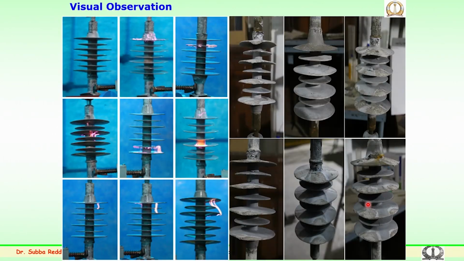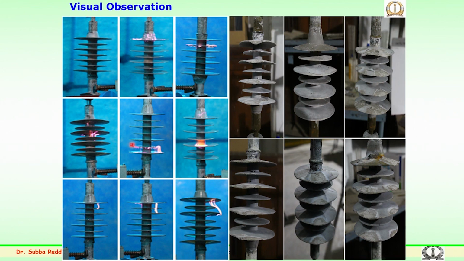So, experimental studies have been conducted over a period of time on several types of insulators. You can see the activity. Initially the samples will be in dry conditions. After some period the samples slowly, because of the scintillations or the discharges, you can see the discharges or scintillations.